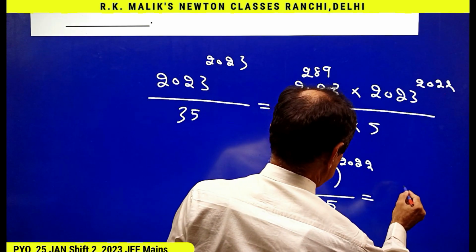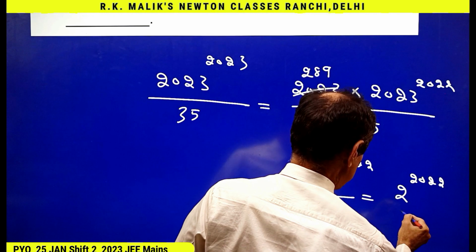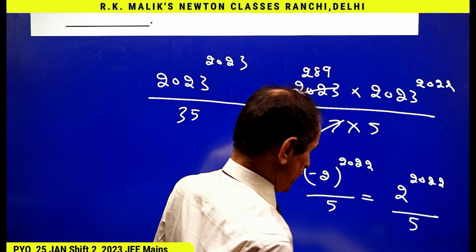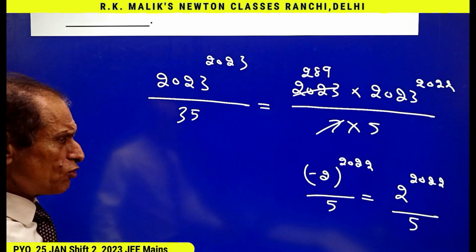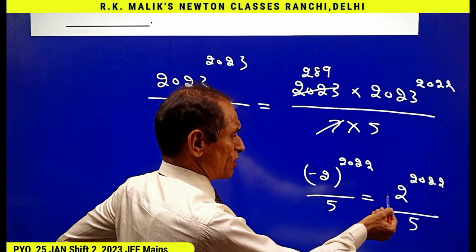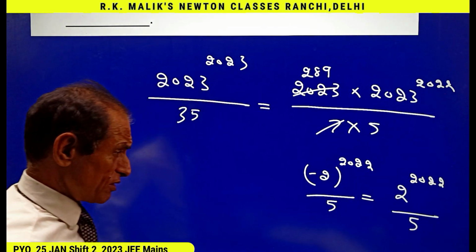And this is same as 2 to the power 2022 when divided by 5 because power is an even number.